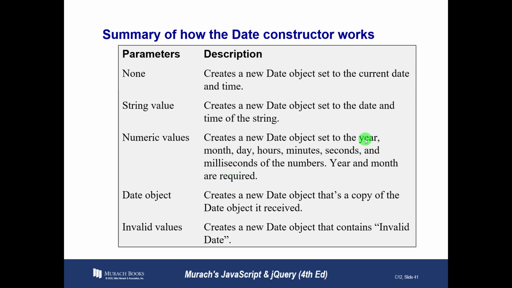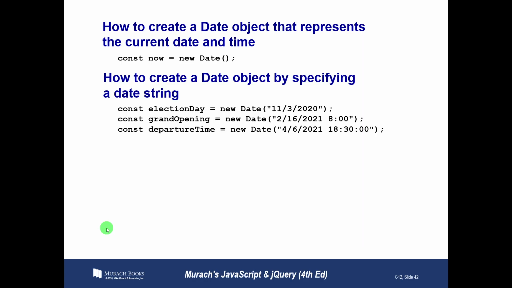So you have to do a year and month, then optionally you can add the date, the hours, the minutes, seconds, and milliseconds. We can create a new date object set to another date object. It basically makes a copy of the other date object. And we can also create a date object that contains an invalid date. And we'll see examples of all these coming up here shortly.